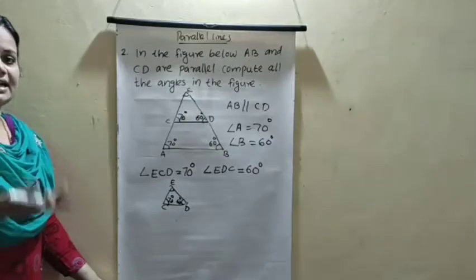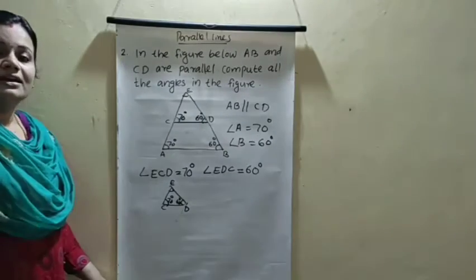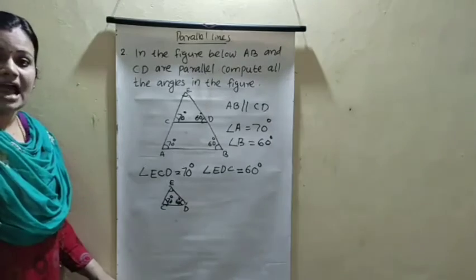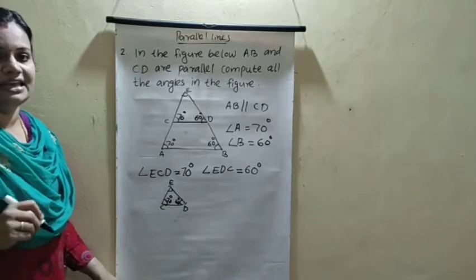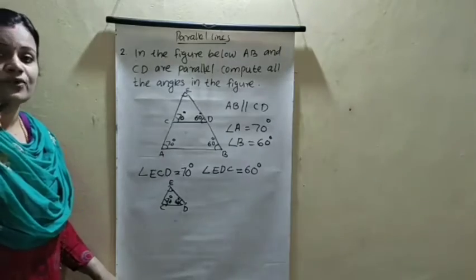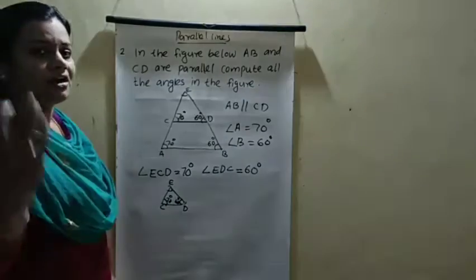We already studied that a triangle has three angles. The sum of the interior angles of a triangle is 180 degrees.